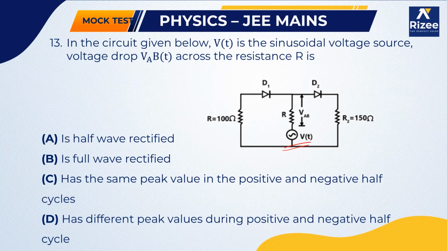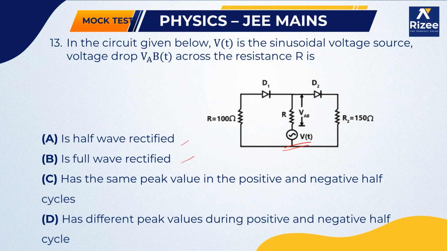So what is he asking? Looking at the options: does it behave as a half wave rectifier, or as a full wave rectifier, or does it have the same peak value in the positive and negative half cycles, or different peak values in the negative and positive half cycles? This is what he is asking now.